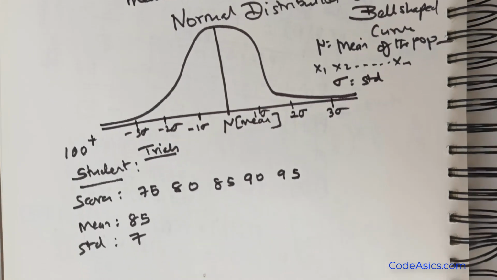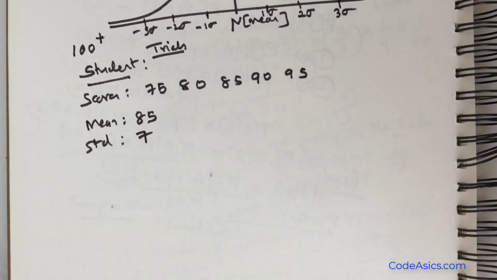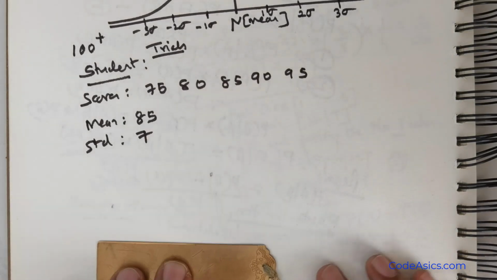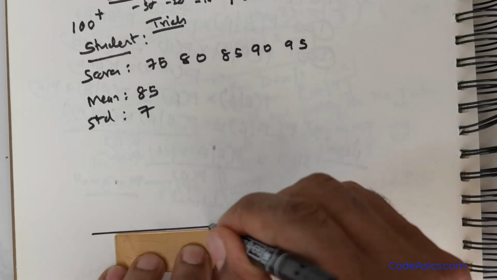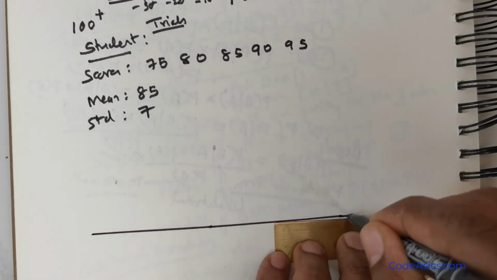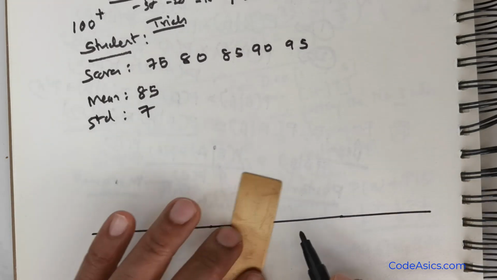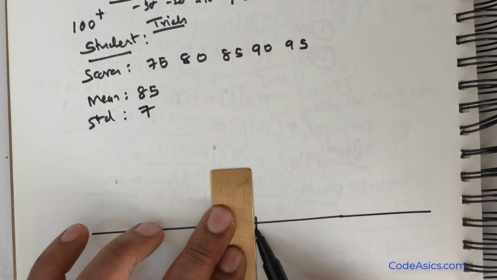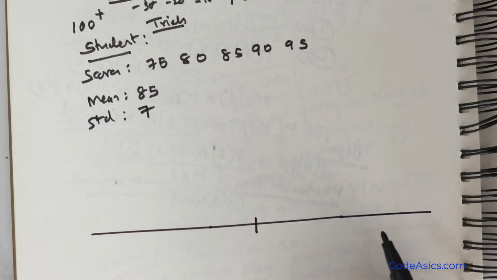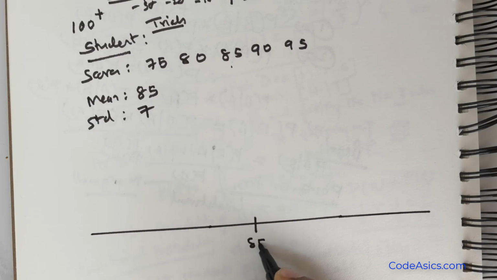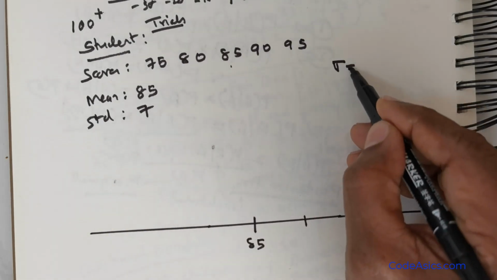For that I need to draw a horizontal axis. So this point is my mean, and the mean is 85. Let me place that. And 1 sigma, as I mentioned, sigma is equal to 7.